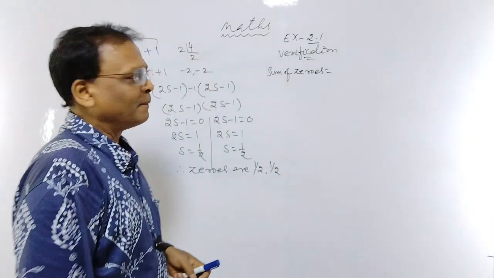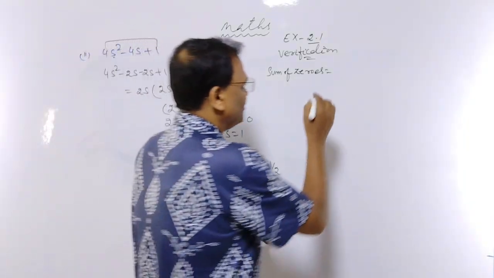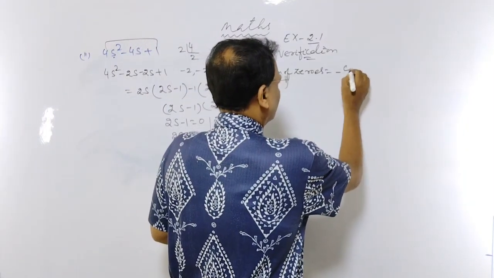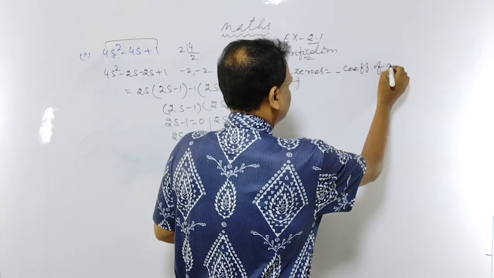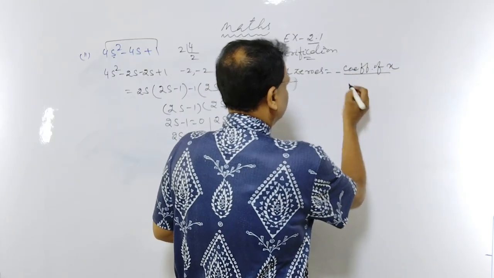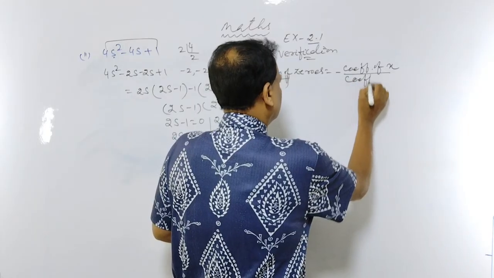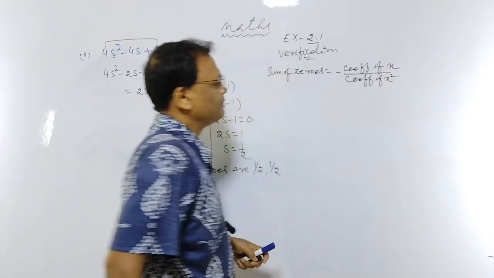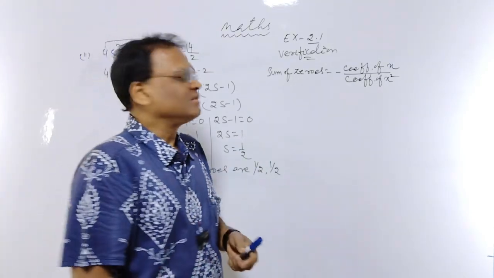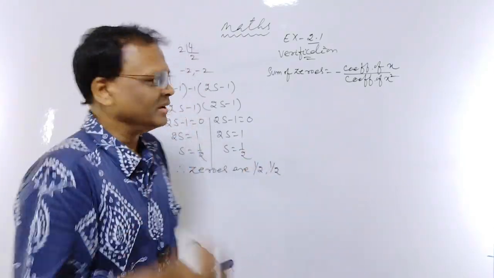But what is the formula in terms of coefficients? The formula is minus of the coefficient of x divided by the coefficient of x square. If you repeat the formula, definitely this will be printed in your brain.